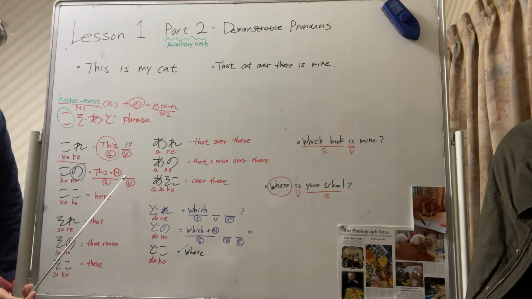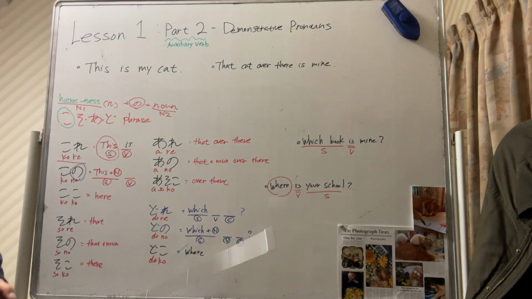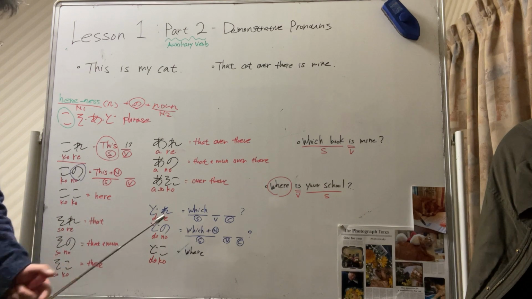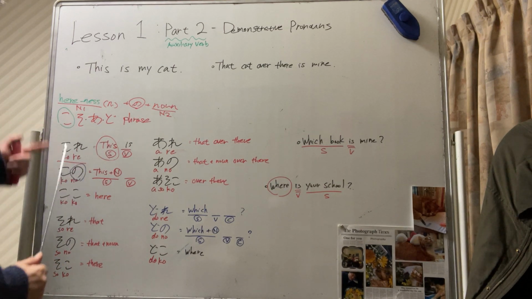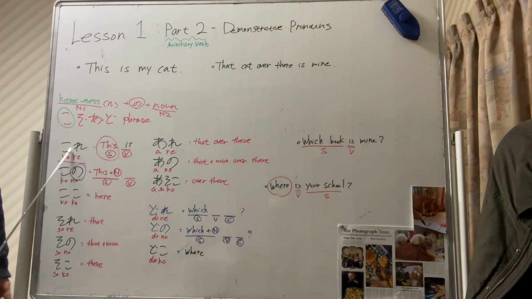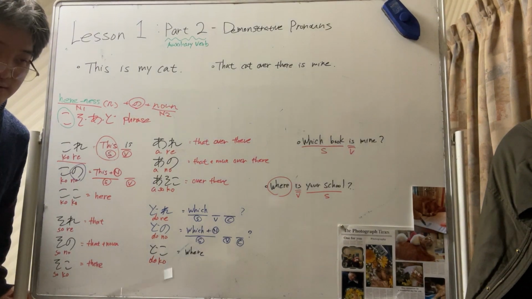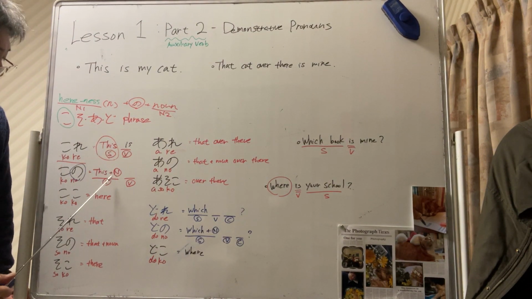What students need to be careful about is that oftentimes they get confused and tend to use kore. They conflate or mix them up. When you want to say this book, instead of saying kono, because it's a noun, right?